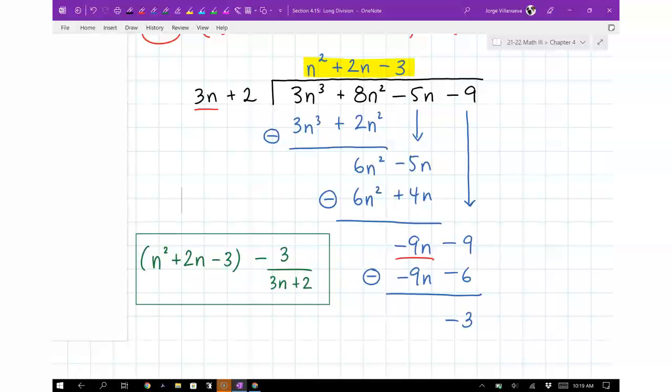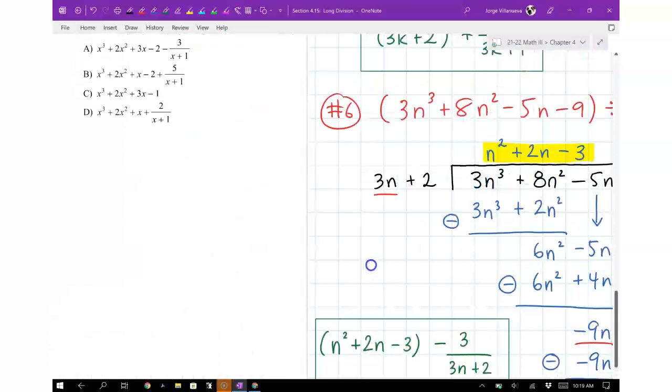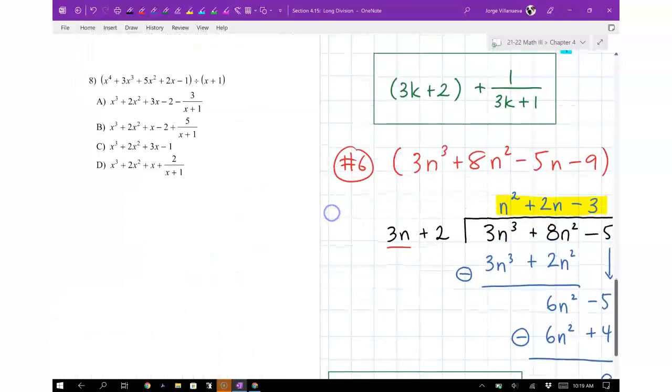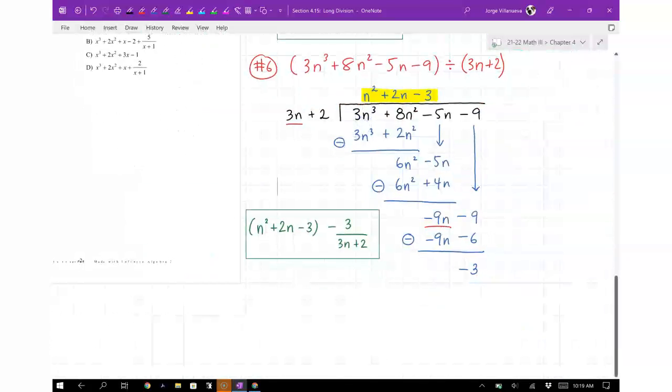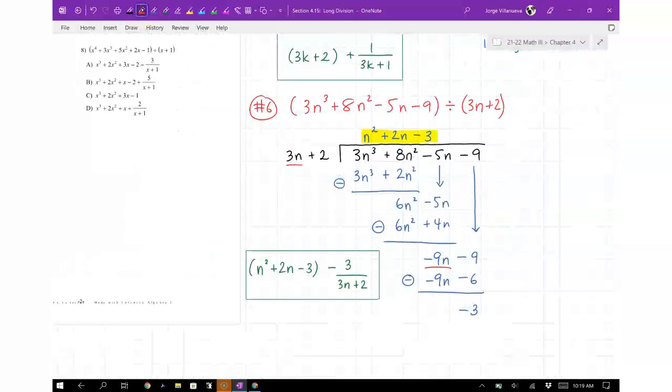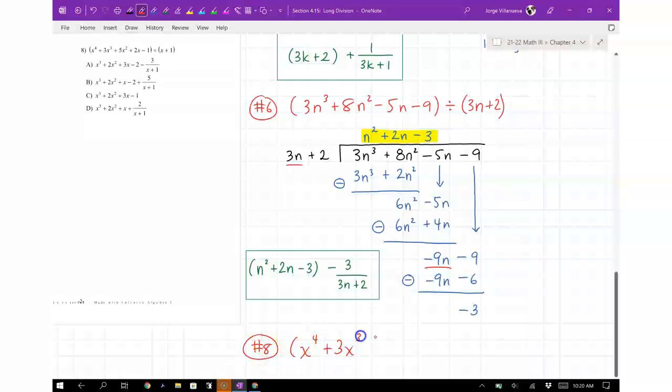So let's look at, I forgot what number it was, number 8. So let me zoom out so I can write number 8 really quick. And then I'll zoom back in. So x to the 4th plus 3x cubed plus 5x squared plus 2x minus 1 divided by x plus 1.